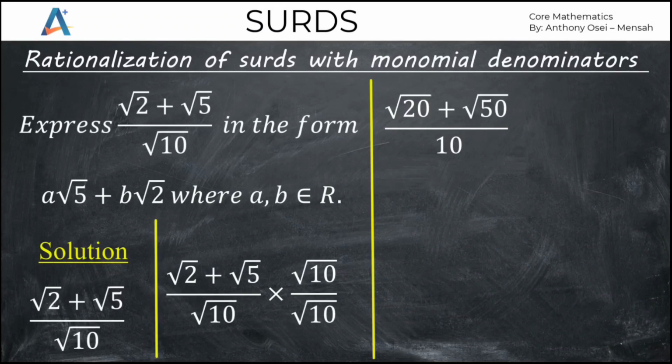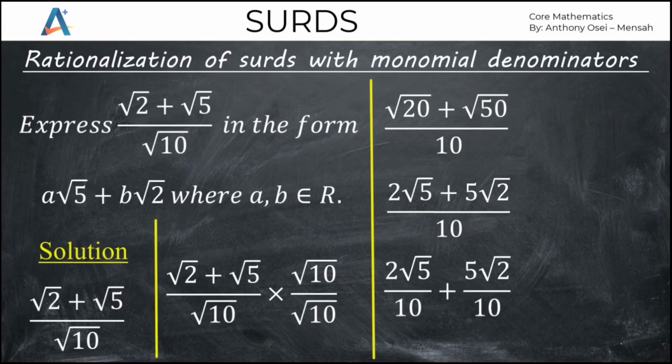So now we break this down. Root 20 will give us 2 root 5, and then root 50 will give us 5 root 2, all over 10. Now we can separate both sides and then simplify. That is 2 root 5 alone over 10, plus 5 root 2 alone also over 10.